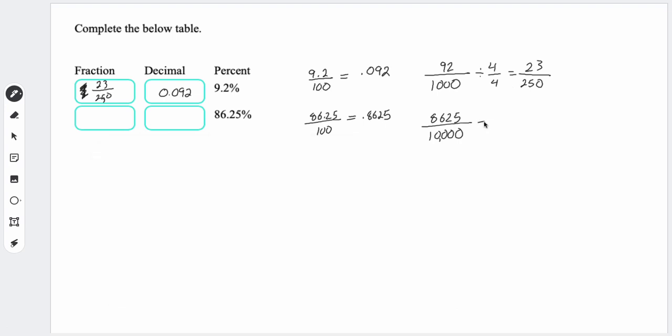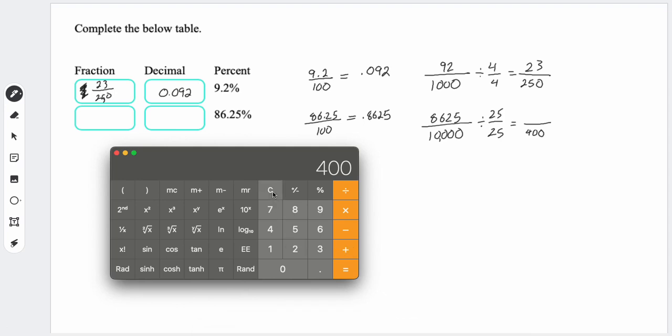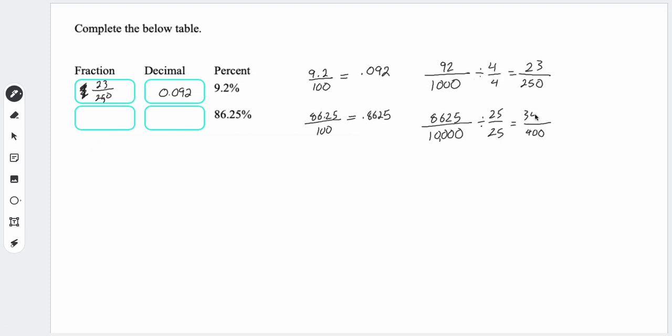So if we divide by 25, this is 400. Let's see what this last one is. So 8625. That's 345. Okay, well, 345 and 400 can be divided by 5. So let's do that. We'll reduce it one more time.